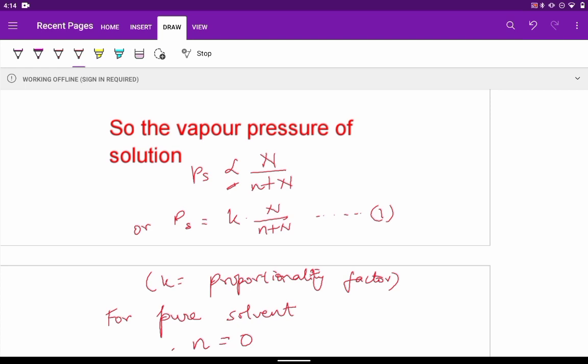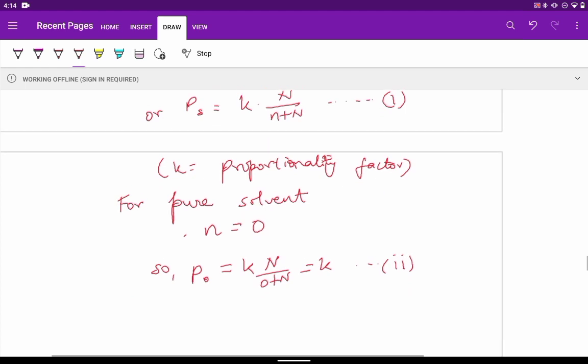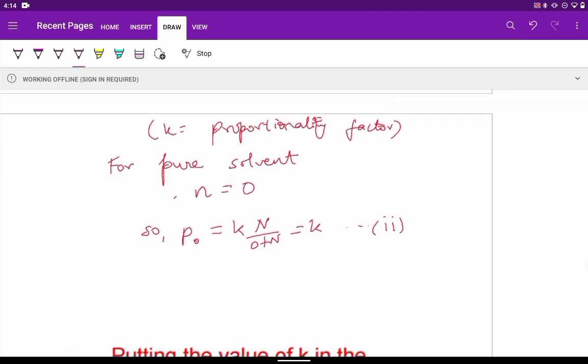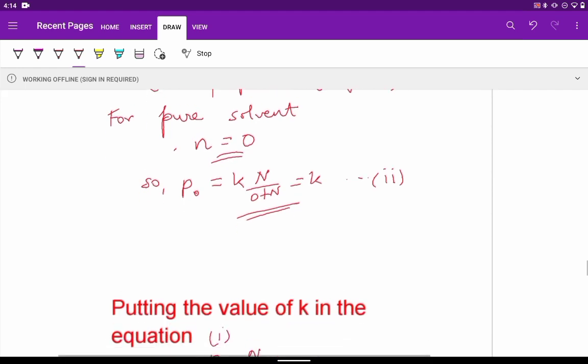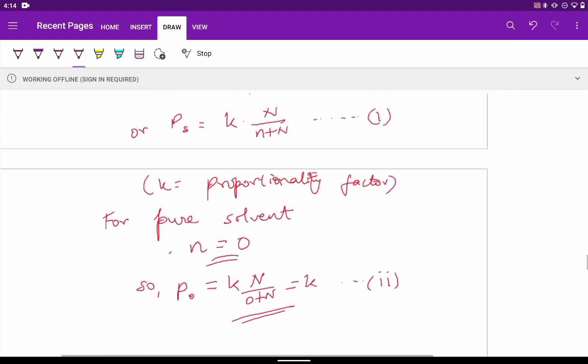Now to find out the value of K, we take that the solvent is pure. When the solvent is pure, small n is 0 because there is no solute. So P0 is equal to K into, in place of small n we put 0. So from here we find that P0 is equal to K. This value of K we put in equation number 1.